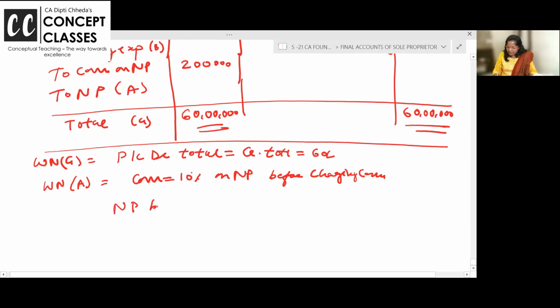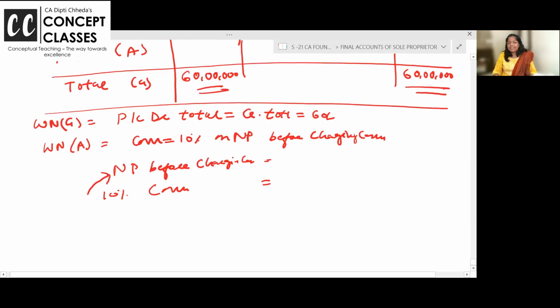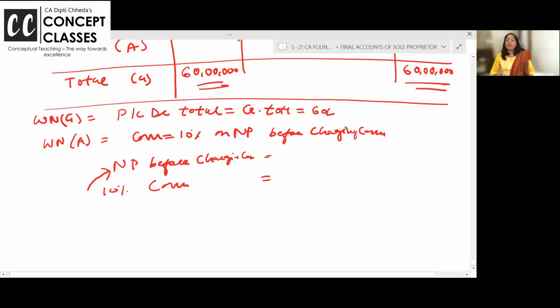So net profit before charging commission, I don't know how much it is. Commission is 10% of this. Yesterday only I taught you all this formula. Net profit before charging the commission, let it be 100. Commission is 10%. 90% is the net profit after charging commission.